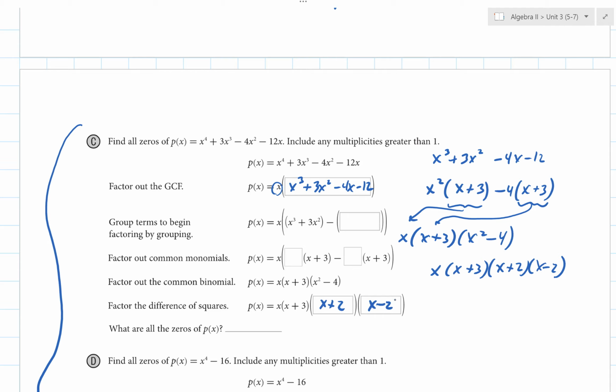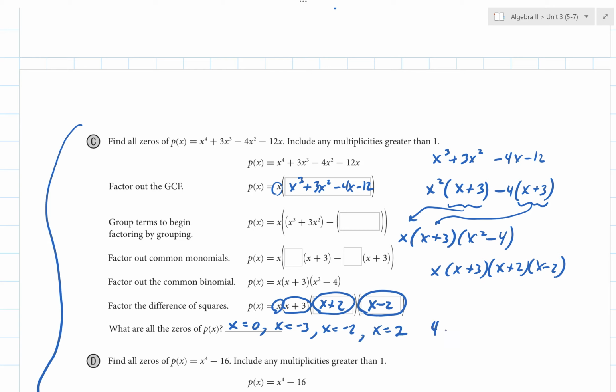So from this one, since we're able to factor it completely, we have all four real zeros. So this factor leads us to what solution? x equals 0. The next factor, what's that tell us? x equals negative 3. When you set this factor equal to 0, you get x equals negative 2, and when you set this factor equal to 0, you get x equals positive 2.